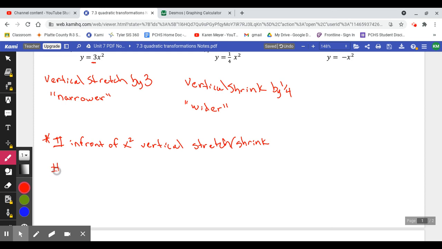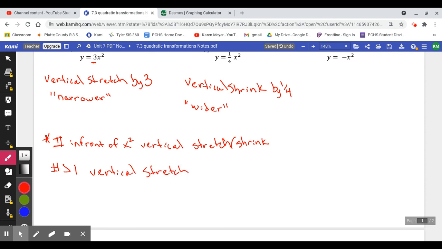Okay, so if that number is larger than 1, because 1 is considered normal, so 1 means nothing happens, it just stayed the same. So if the number is larger than 1, that's going to be a vertical stretch.